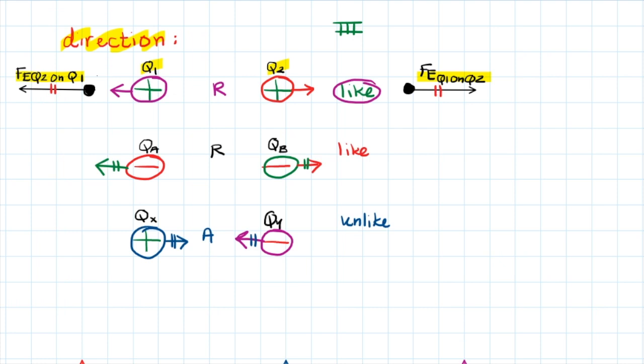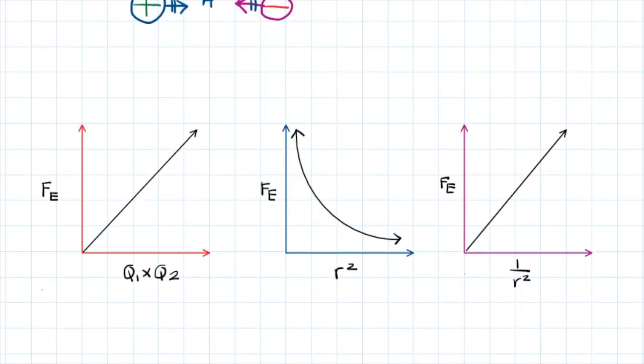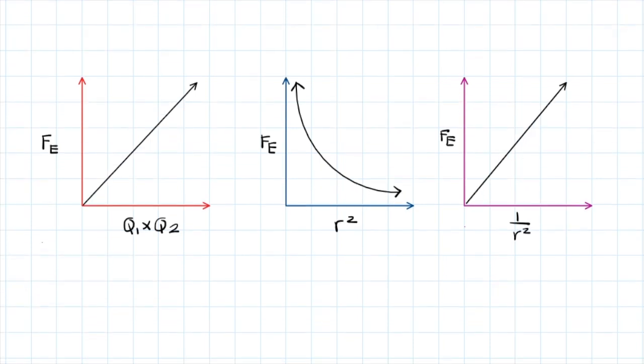Now, based off of Coulomb's law, we can look at different graphs and see the relationships between the different variables in Coulomb's law. Firstly, we can plot the relationship between the electrostatic force and the product of the magnitude of the charges.